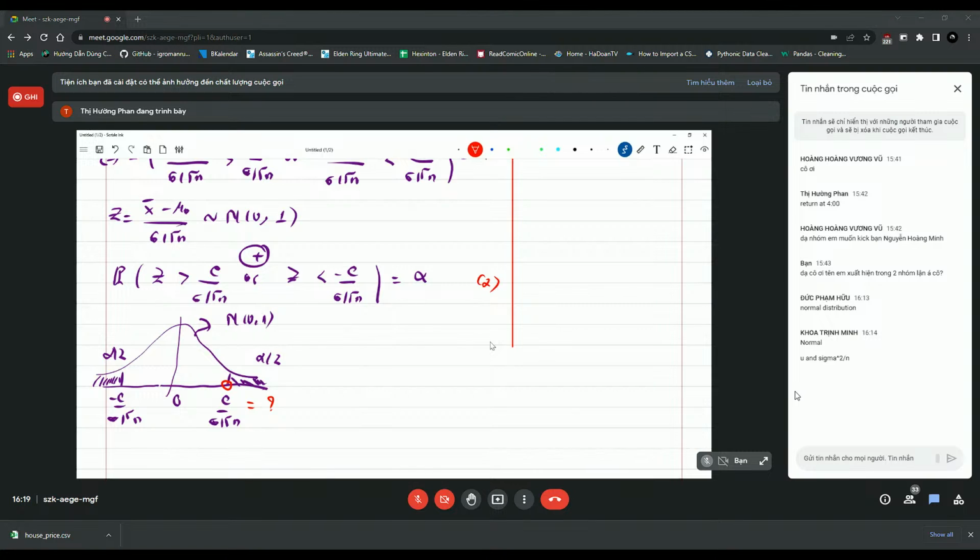Can anyone recognize what the constant c over sigma square root of n is?